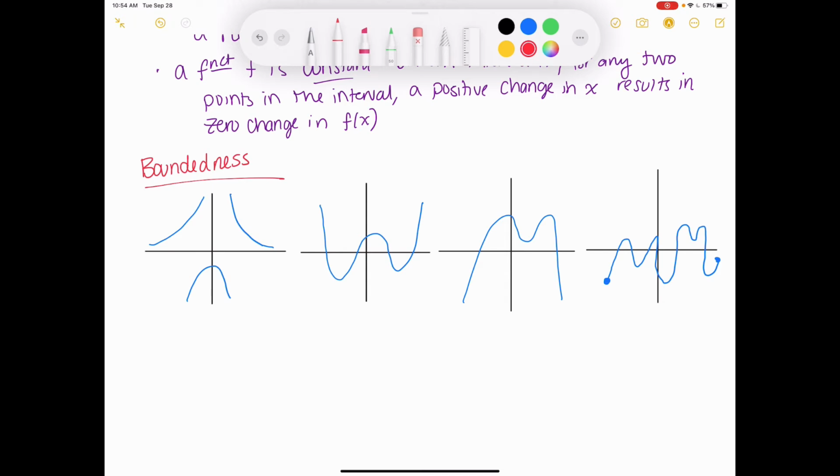So this one we're going to say is not bounded above. I use BDD for bounded, a shortened word because I get tired of writing it. So not bounded above, and it's not bounded below.